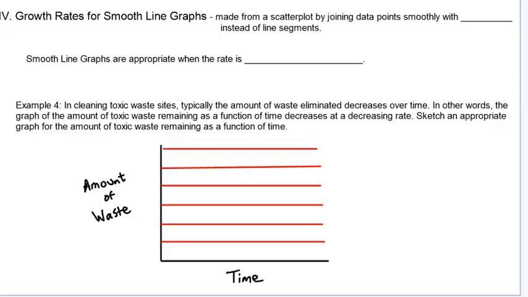And then our final type of graph is called a smooth line graph. It's also made from a scatter plot, but now we're joining data points smoothly with curves instead of line segments. And these are most commonly used. They're appropriate when the rate is continuous.